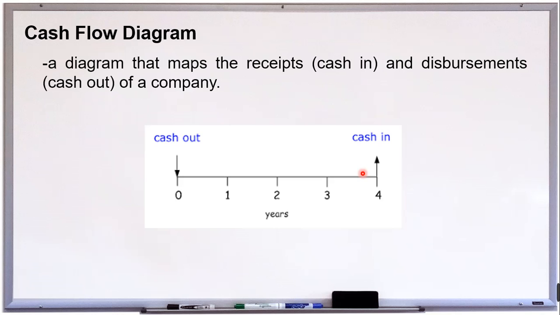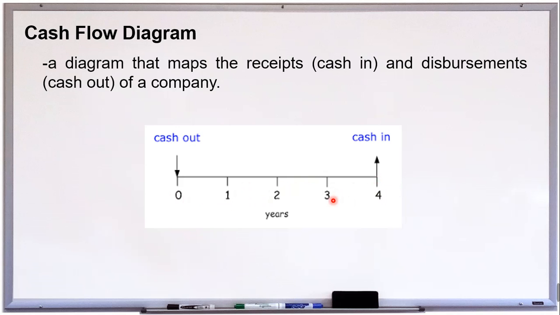Next, let's proceed to the cash flow diagram. The cash flow diagram is a graphical representation of the transactions that are being made by a company or a certain firm. It comprises a horizontal line with several scales from 0 up to n.